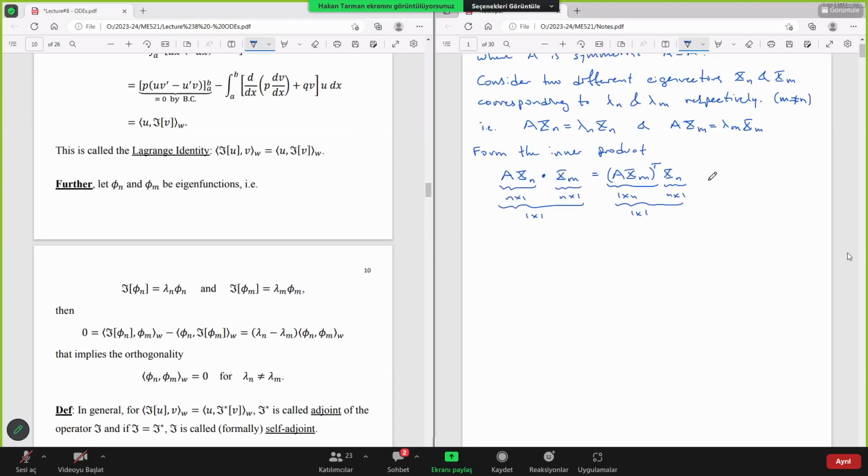Okay, and then you know, transpose can be opened up. Right? It can be opened up in this way. So that is the transpose of the product. Okay. And then if you continue your argument, what you're going to get is this.